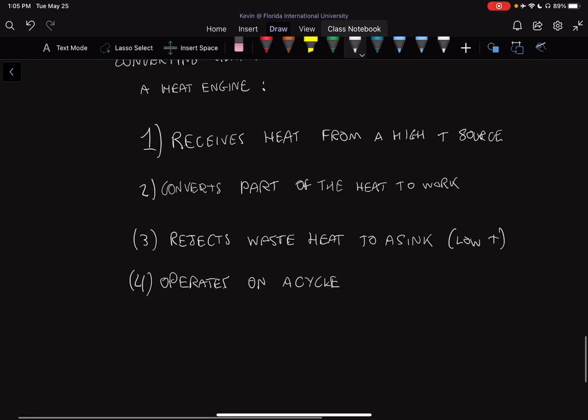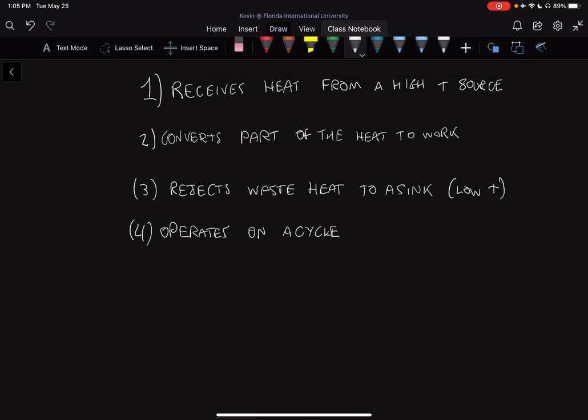Okay? And if we draw a diagram of what a heat engine would look like in terms of heat coming in, out, and work coming out, we can draw a simple diagram, which we're going to use a lot in this module, which has our high temperature source, shown at the top of our diagram. From our high temperature source, we're going to have some Q in coming into our system, or we can also call it QH. QH stands for Q hot, okay?